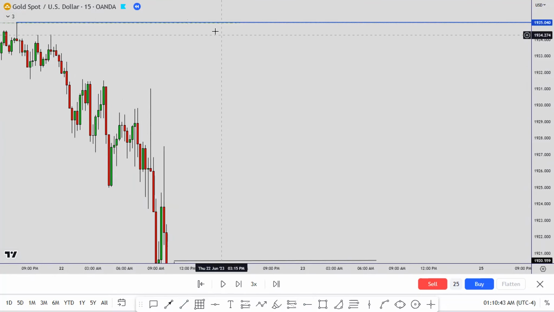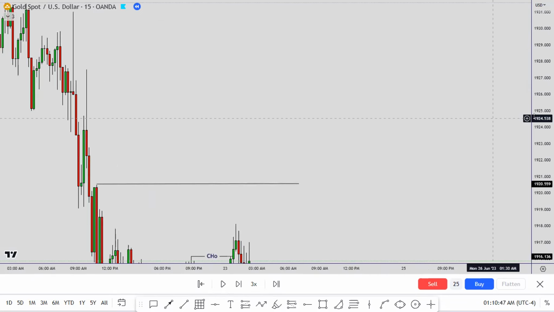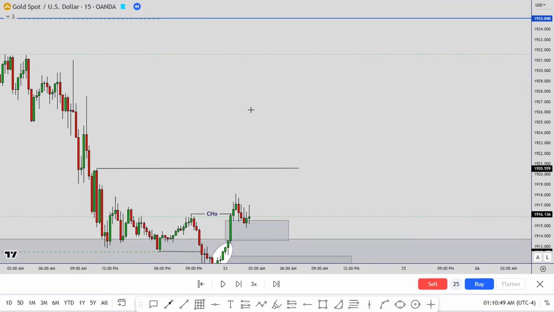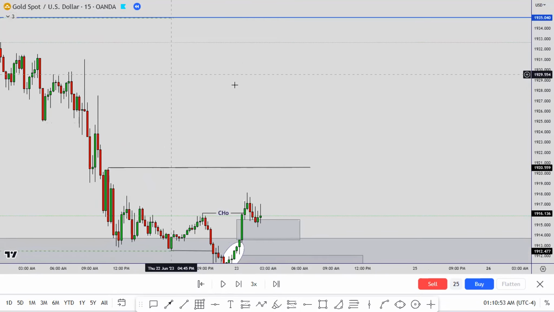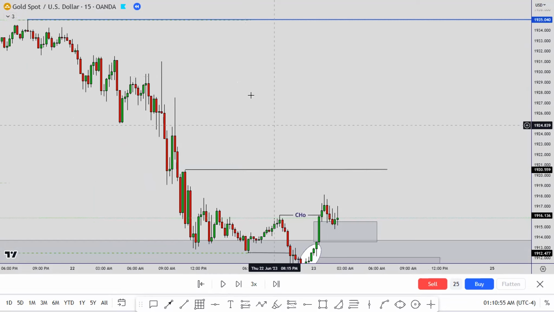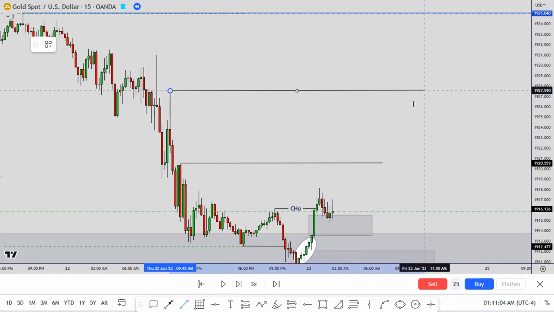If you take this as your take profit point, it is very far. So you're going to hold a trade from here up to here. It is very risky. So you just need to have a good risk to reward ratio. Don't be too greedy. You can use this. So we have several levels that you can use as take profit levels.